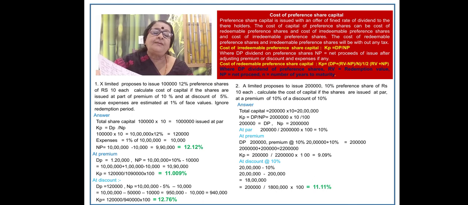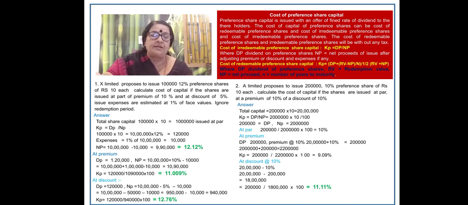Total face value is 10 lakh, and on that 1% processing cost is incurred. 1% means 10,000. So 10 lakh minus 10,000 is 9 lakh 90,000.